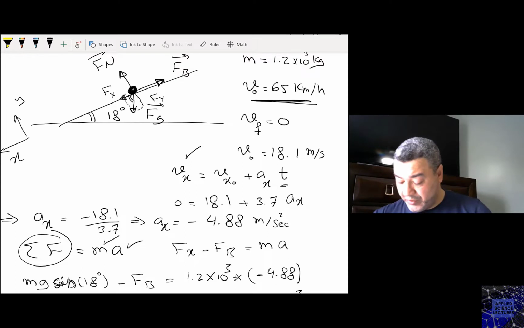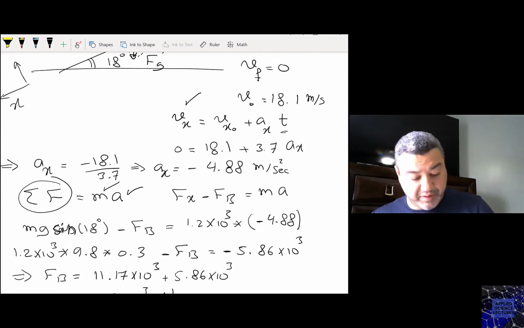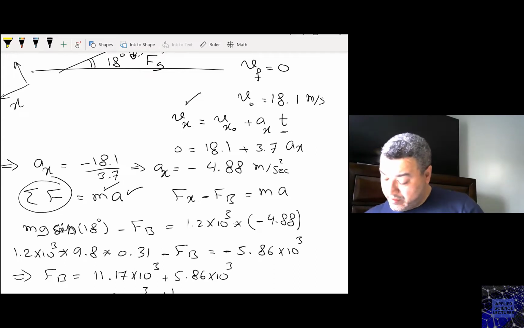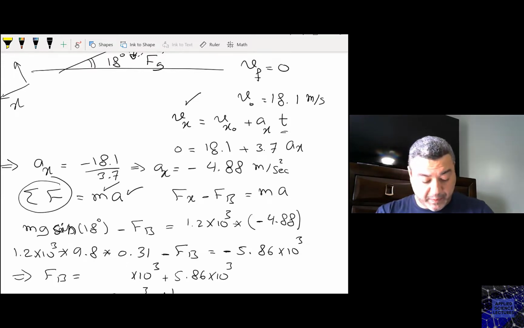So instead of 0.95, it will be sine 18.3, which is 0.31. So this number is now 0.23 times 9.8 times 0.31.